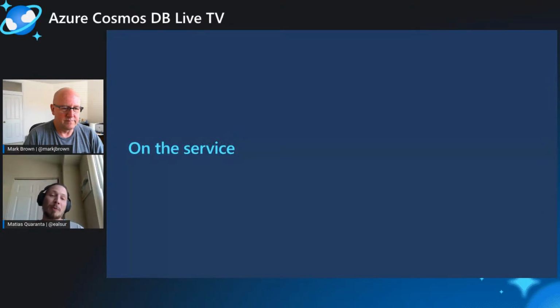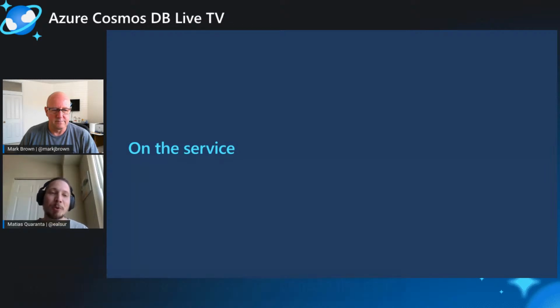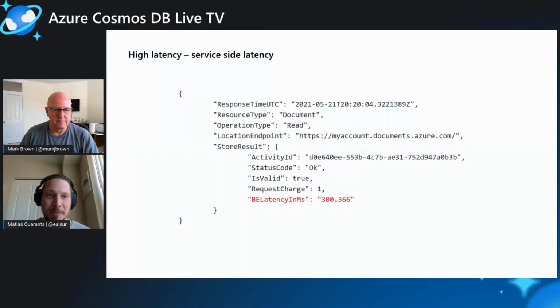Now that we covered the most common error cases on the client and how to troubleshoot them, there might be some cases when the actual problem is on the service, and it would be nice to know which cases are expected and what actions you can take in these particular situations.